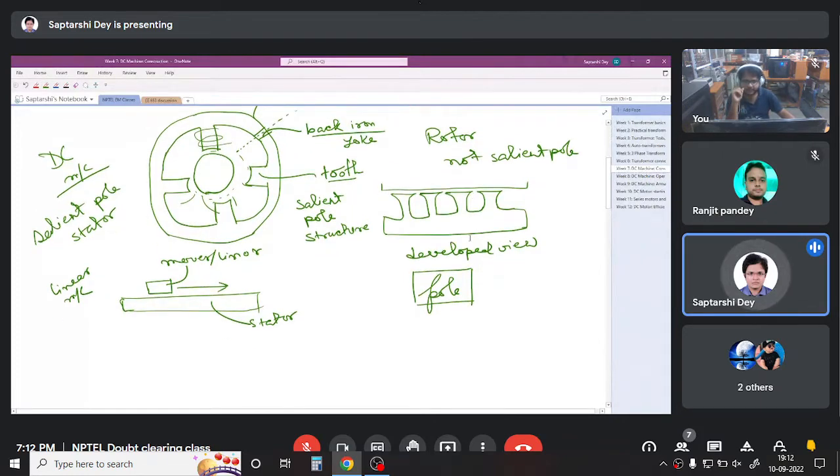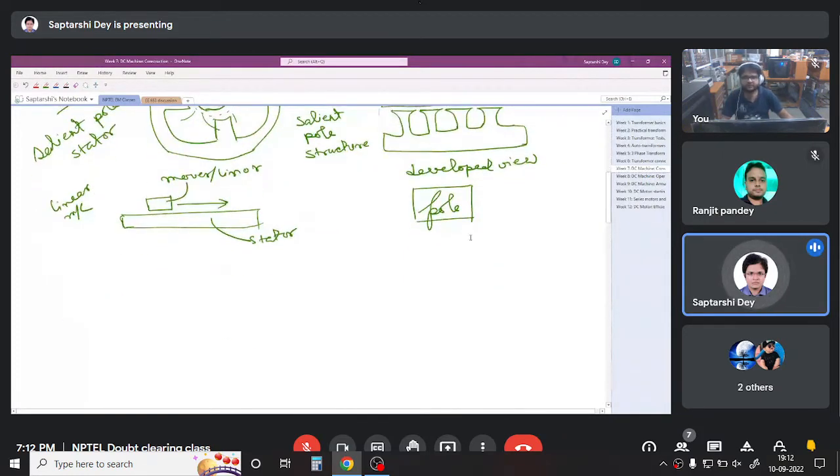So this is non-salient. Now there are several combinations. If you study induction motor later, you will see that in an induction motor, both the stator and the rotor are non-salient. None of them has a protruding pole. In a synchronous machine, both are possible. Whereas there is a kind of machine called the switched reluctance machine where both the rotor and the stator are salient pole. There are several combinations of that.